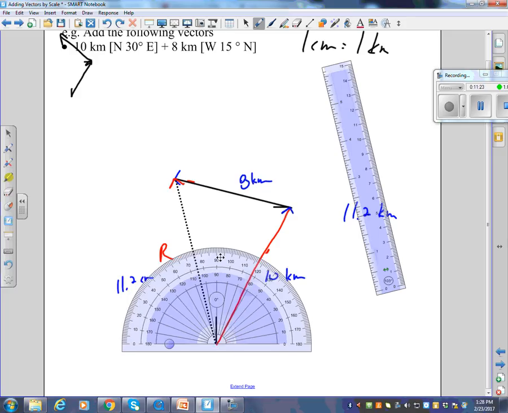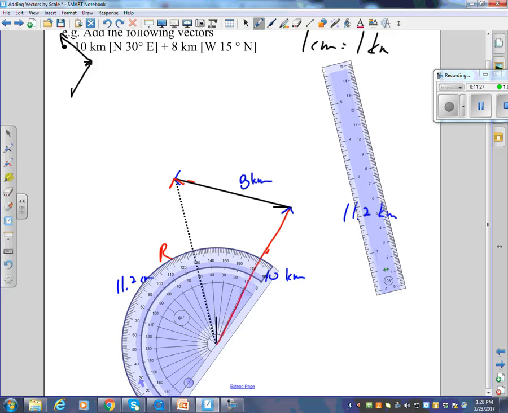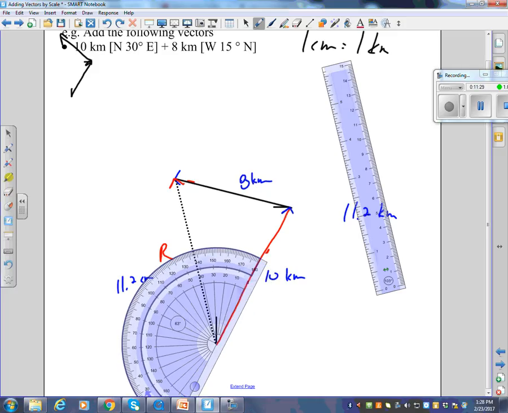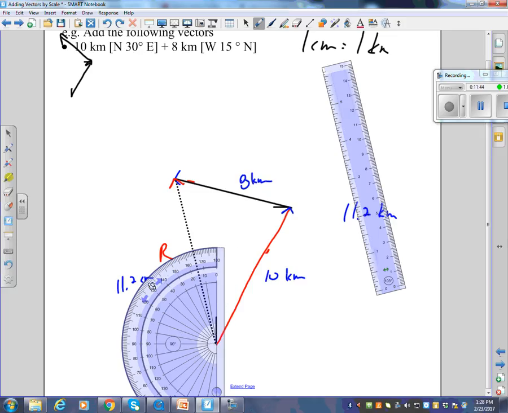Hang on. This is what you do not do. I see this all the time. They put 0 there at that one, and they measure, and they say it's like 42. They measure from the first vector. That is wrong. No, no, no. You must measure from your initial reference line.